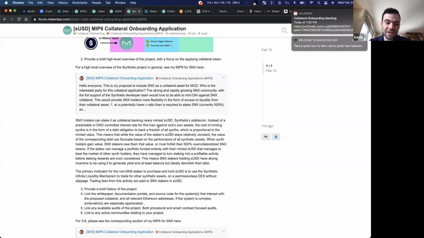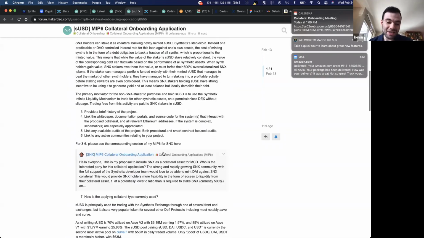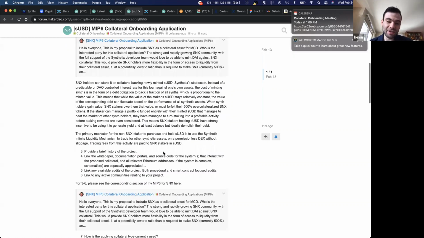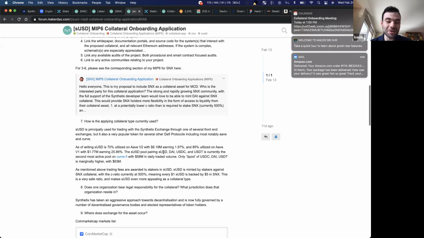And at the end of the day, sUSD is backed 500% by Synthetix, so it's got pretty deep value there. sUSD also has a ton of liquidity on Curve. It's also growing in the DeFi ecosystem with the pools on Aave growing.